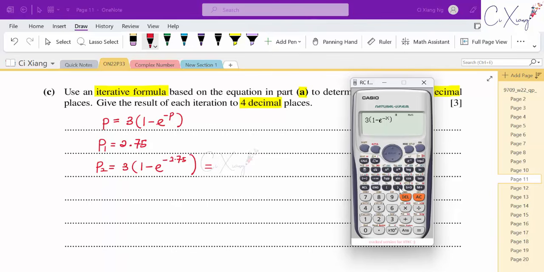Then to get the iteration, you press calculate first. It asks what is the first value that you want to key in. For me, I'm using 2.75. Then from here you get 2.8082 and so on. I only want to keep 4 decimal places, so I write 2.8082.